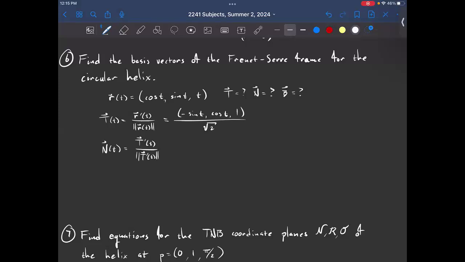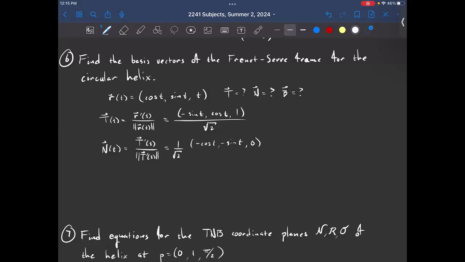Okay. And so the derivative of the tangent vector is going to be, well, we're going to have this root 2 out there, and I'm going to put that in front. So 1 over root 2 times the vector minus cosine of t, minus sine of t, and then 0.